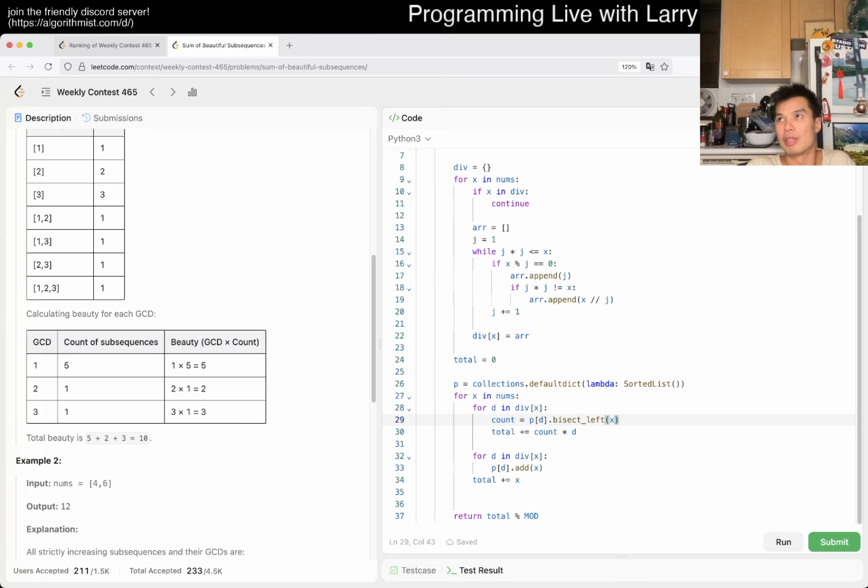So it's already sorted. So let's say you have 5 numbers of the same divisor. How are you going to figure out how many contributions there are? And also like the ordering of that matters a little bit.